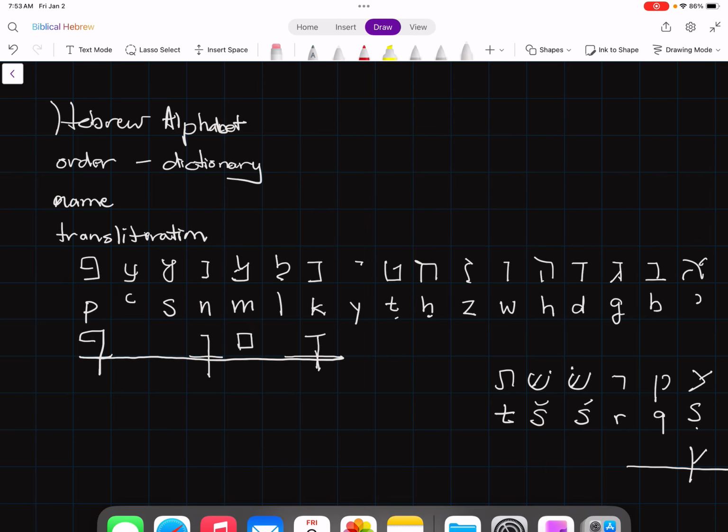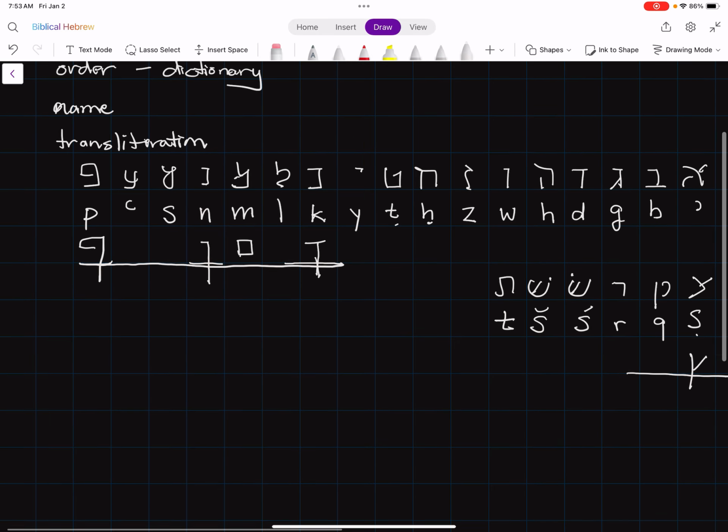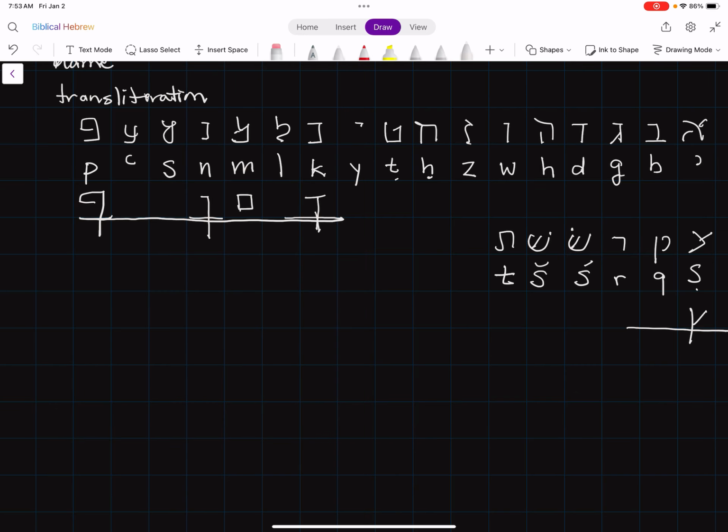The second part that I want to introduce you to is what we call the BeGaDKeFaT letters. The BeGaDKeFaT letters are a mnemonic for the letters that could take what we call Dagesh Lene, and I will talk about that.